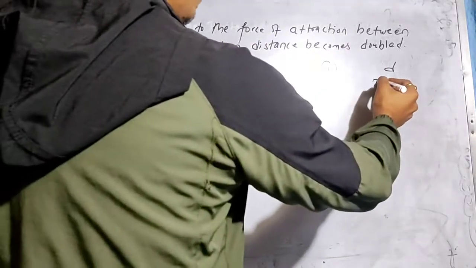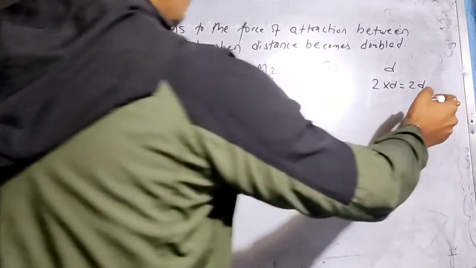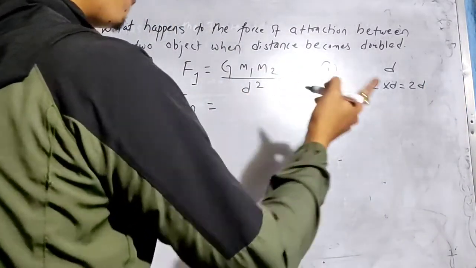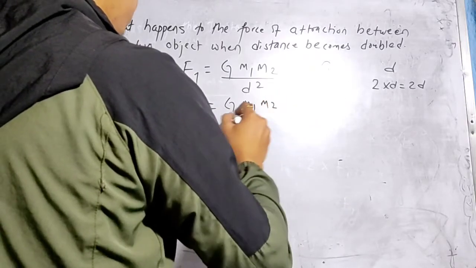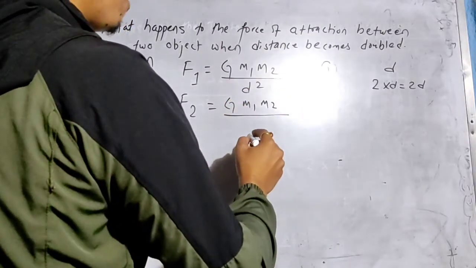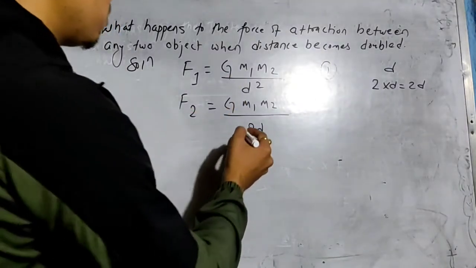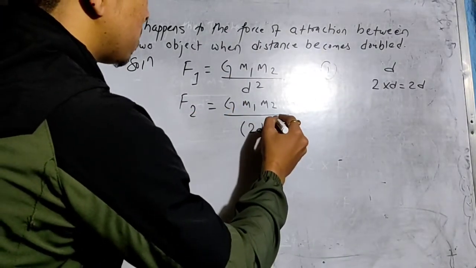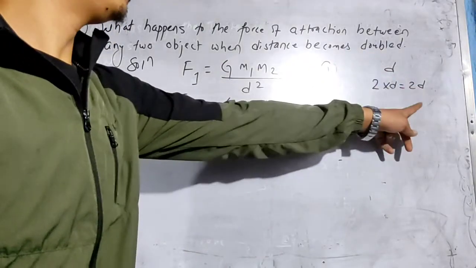That means we have to multiply d into 2. That means distance becomes 2d. In the case of d we have to write 2d. G m1 m2 by d square, in place of d replace that by 2d. Since there is square, we have to put bracket and there would be whole square. Instead of d, that is replaced by 2d.